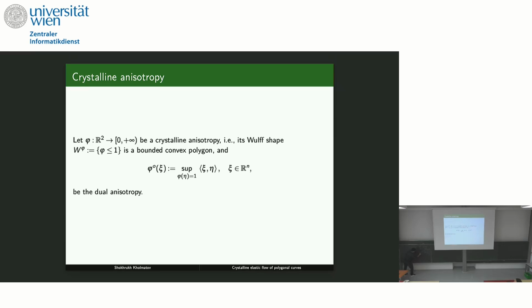Curvature is a second derivative, basically the divergence of the unit normal. When I have anisotropy, my curvature changes slightly with respect to the so-called Cahn-Hoffman vector field. This is defined as the gradient of phi dot times nu, supposing, for instance, phi dot is elliptic, smooth, and so on.